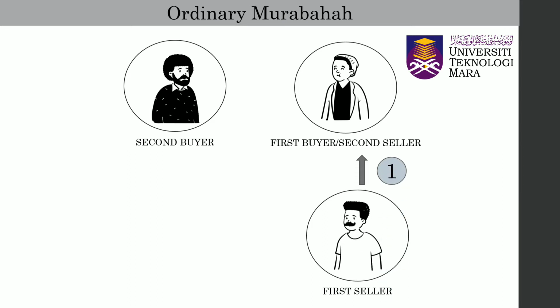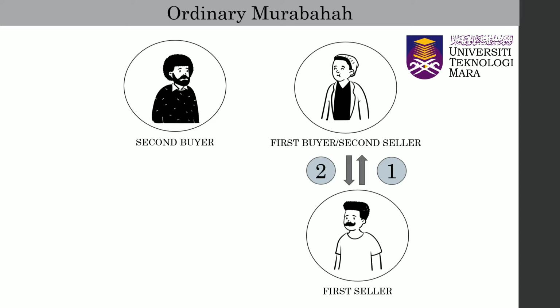First, the first buyer or second seller buys a commodity from the first seller on a cash basis or on a deferred payment basis. Second, the first buyer or second seller pays the price of the commodity to the first seller either on a cash basis or on a deferred payment basis.